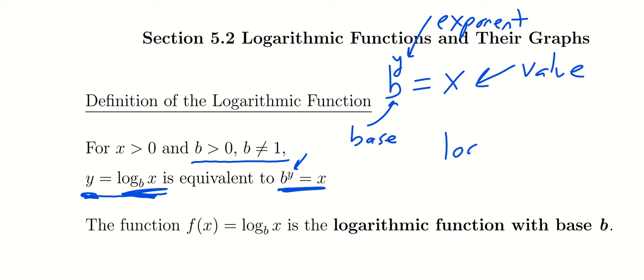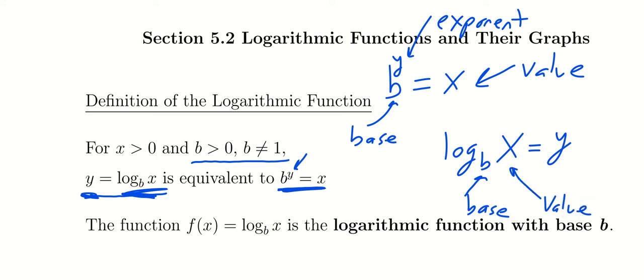Very similarly, whenever we write out log base b of x equals y, we have the same key pieces but arranged slightly differently. b is the base, x is the value, and what we're looking for is what exponent we need to raise the base to in order to get the value x.